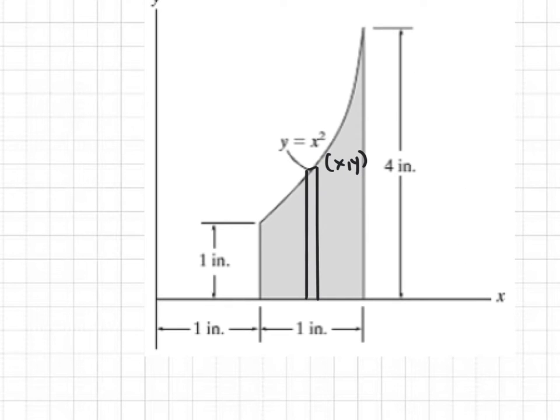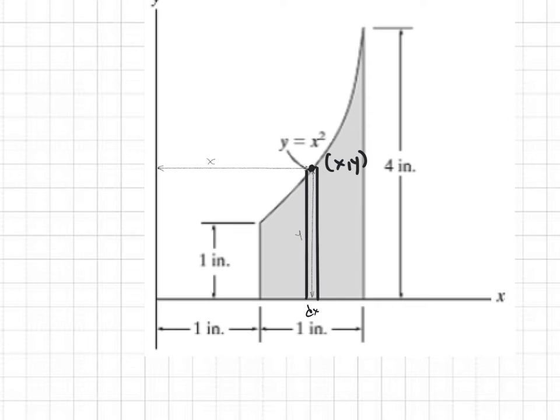And so what that means is, if I use a trusty dusty pencil, this distance right here is x, and this distance right here, if I go right through the middle of this, is y. That little box that I just drew has a width of dx, and it has a height of y.